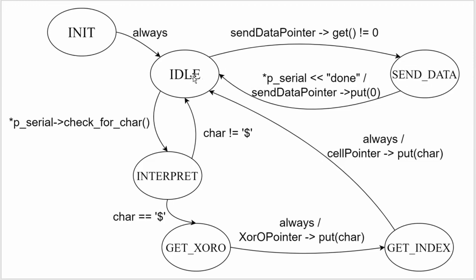If it is time for us to make a move, we will check for characters from the UART port, and move into the interpretation state, where we'll check for the $ sign to indicate that the package has begun. We will then move into the XO state to interpret which one to play, and then the get index state, where we interpret where to play before transitioning back to idle. Very simple.